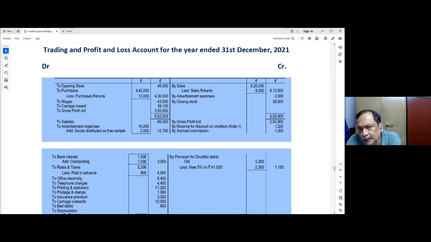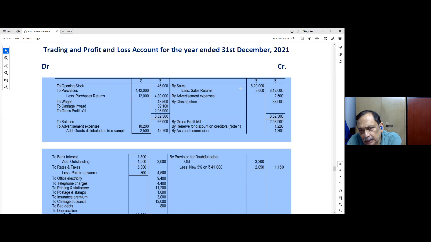So net sales is accounted for. Then by advertisement. Then by closing stock. So credit is more than the debit. So in the debit side, we write to gross profit carried down 2,93,900. In the next part, we have brought forward the gross profit.